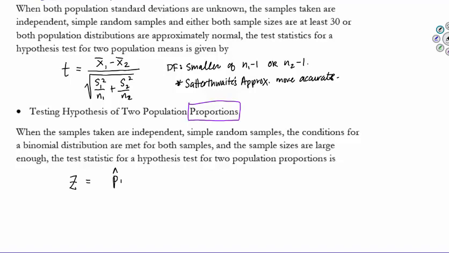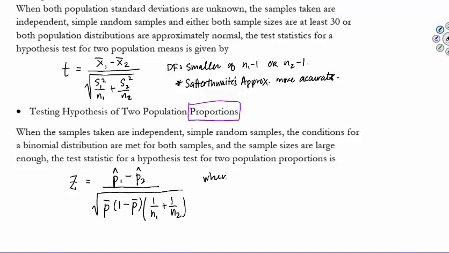Much like we covered when we simply tested proportions in one proportion, now we do 2, so p1 hat minus p2 hat, the difference between the sample proportions, divided by the square root of p bar times 1 minus p bar times 1 over n1 plus 1 over n2, where p bar, which is new to you, is this pooled measure of p, r1 plus r2 over n1 plus n2, or x1 plus x2 over n1 plus n2.